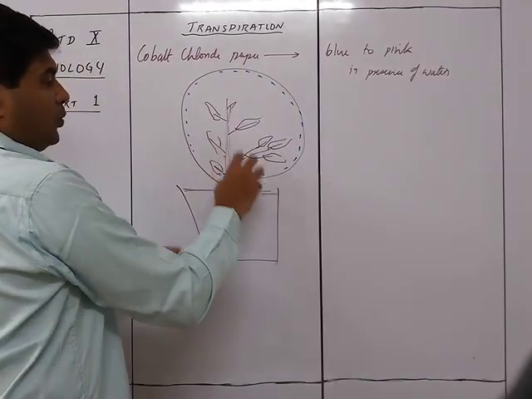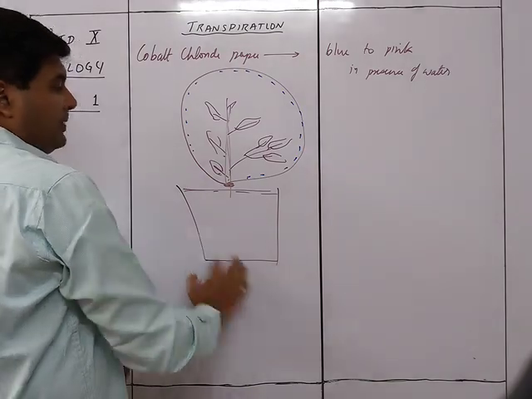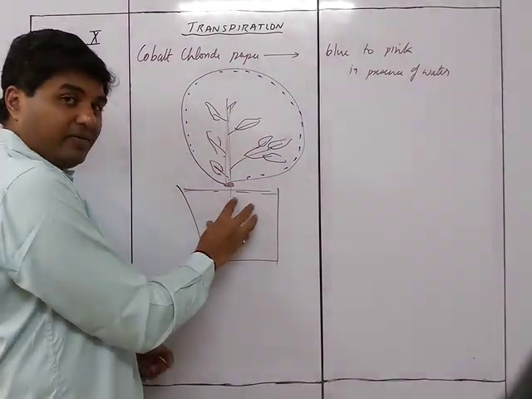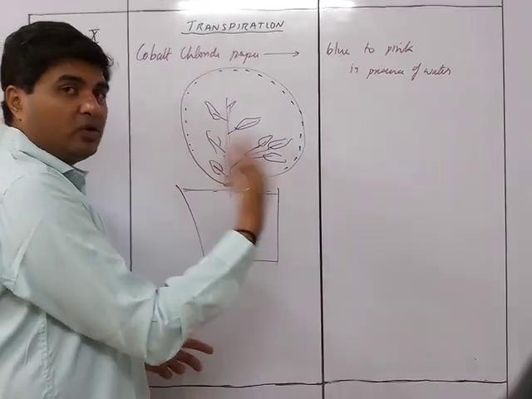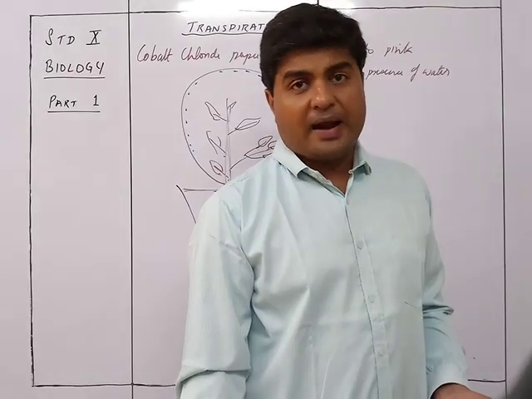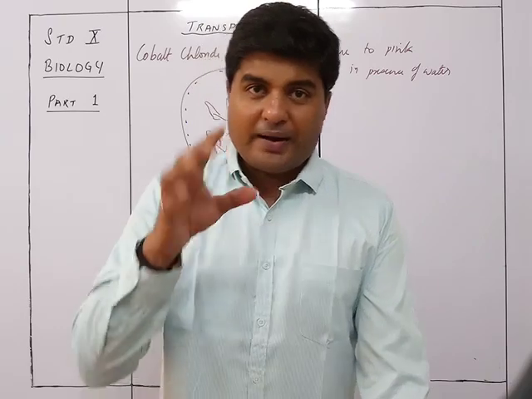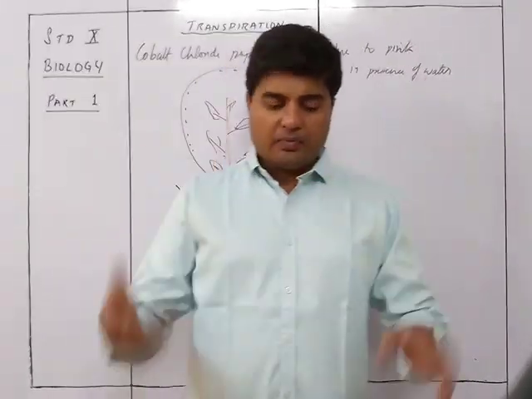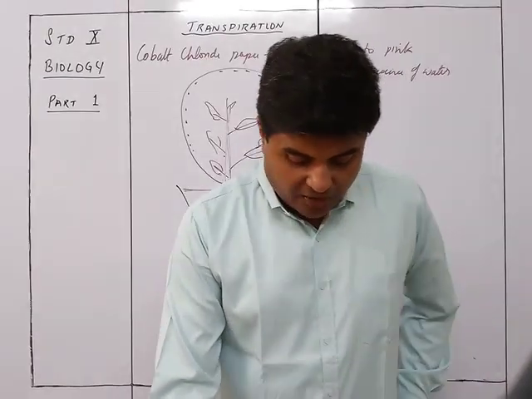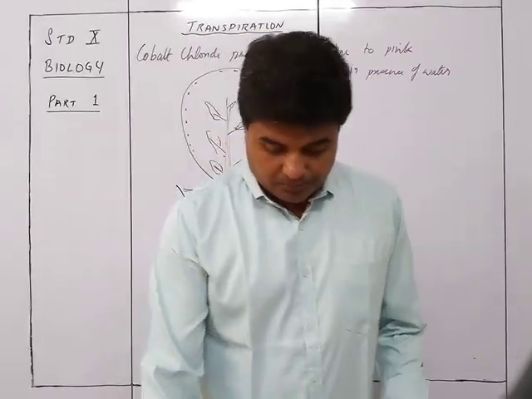So you are sure that whatever water vapor will be there in the bell jar will be because of transpiration, and this one, because it is already covered in the plastic bag, whatever evaporation takes place over here will be within that plastic bag and not going outside. So we are taking a well-watered potted plant and covering the pot part, the base part, as the root part along with the pot is going to be covered with the plastic bag firmly, so that you are preventing the escape of water vapor from the pot.